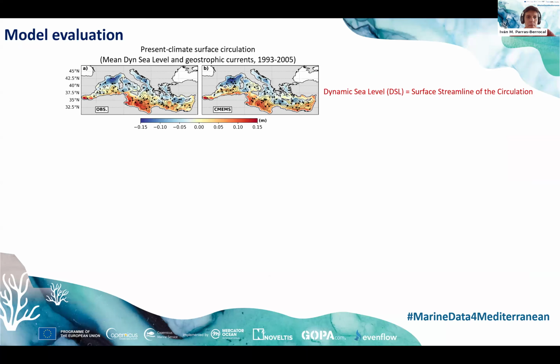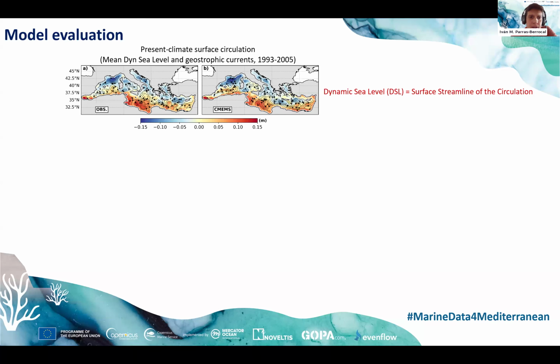Okay, starting with the model evaluation. Here I show you the satellite observation, and here is the reanalysis. As you can see, we found a meridional gradient with negative values in the northern coast, switching to positive through the southern coast.